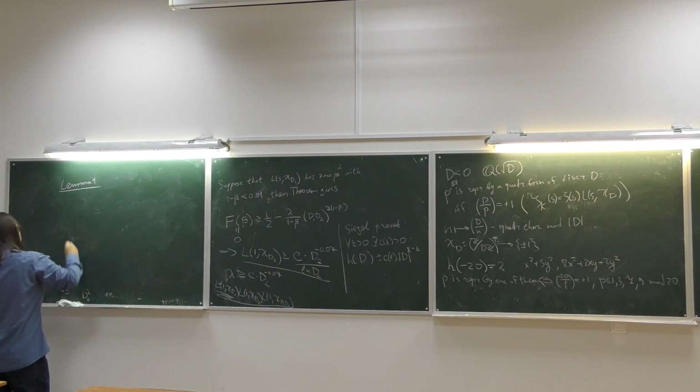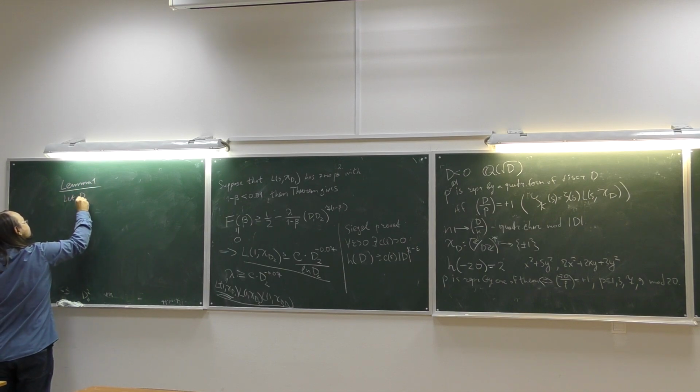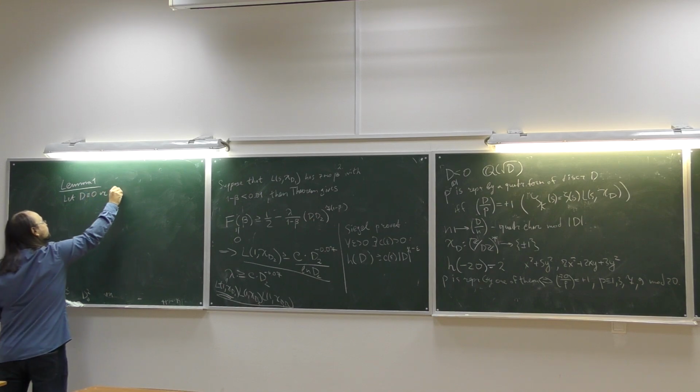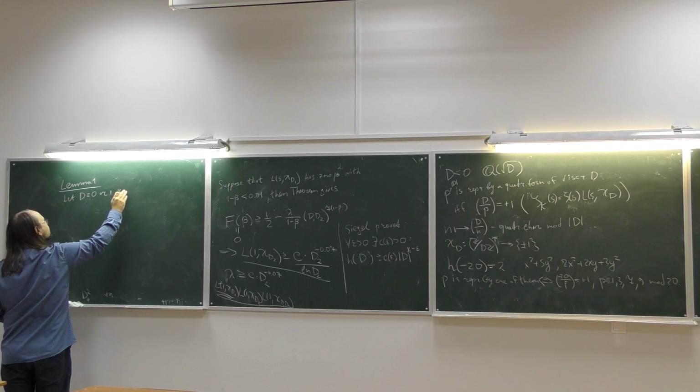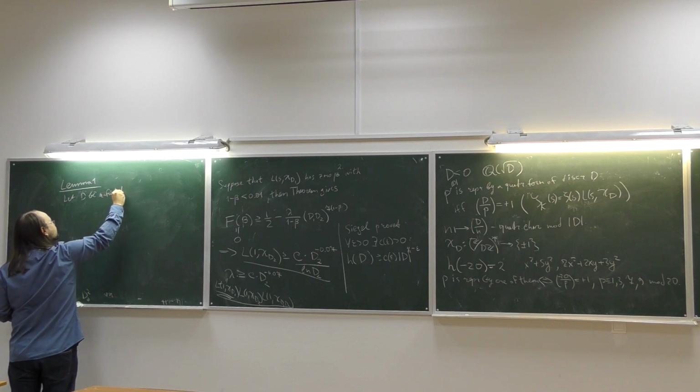Lemma 1. Let D be congruent to 0 or 1 modulo 4. Okay, let D be a fundamental discriminant, even.